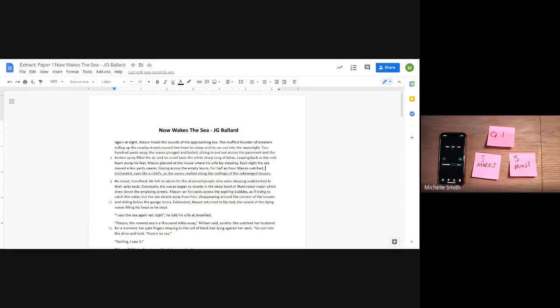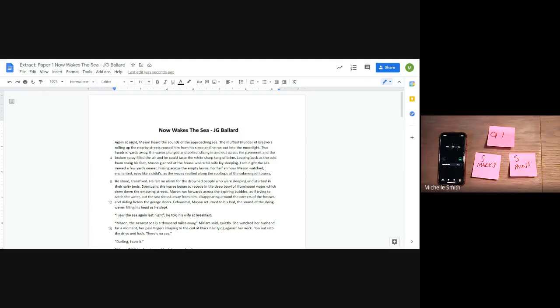Okay. Again at night, Mason heard the sounds of the approaching sea. The muffled thunder of breakers rolling up the nearby streets roused him from his sleep, and he ran out into the moonlight. 200 yards away, the waves plunged and boiled, slicing in and out across the pavement, and the broken spray filled the air, and he could taste the white, sharp tang of brine.